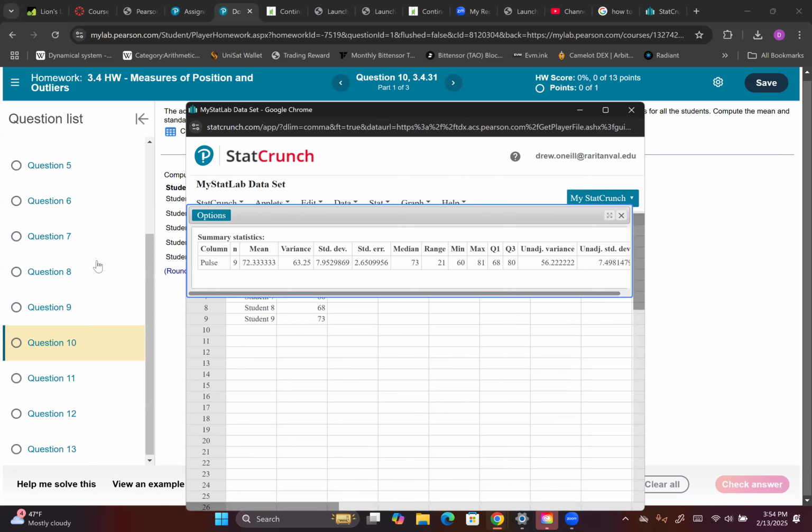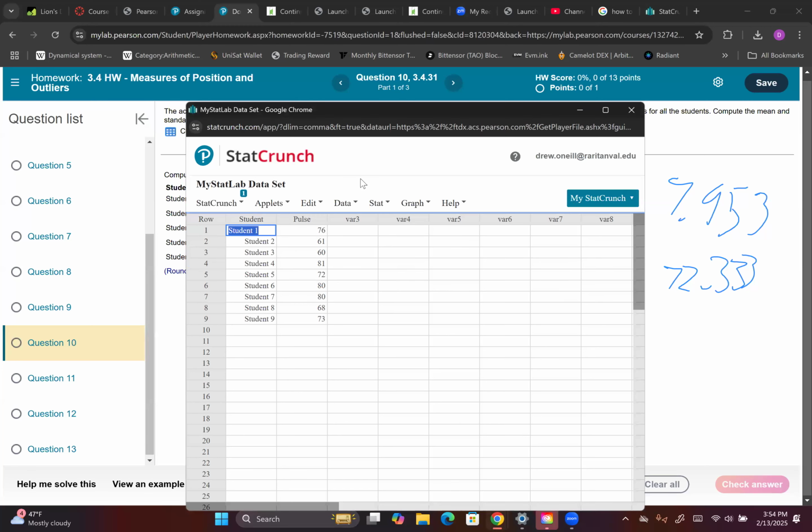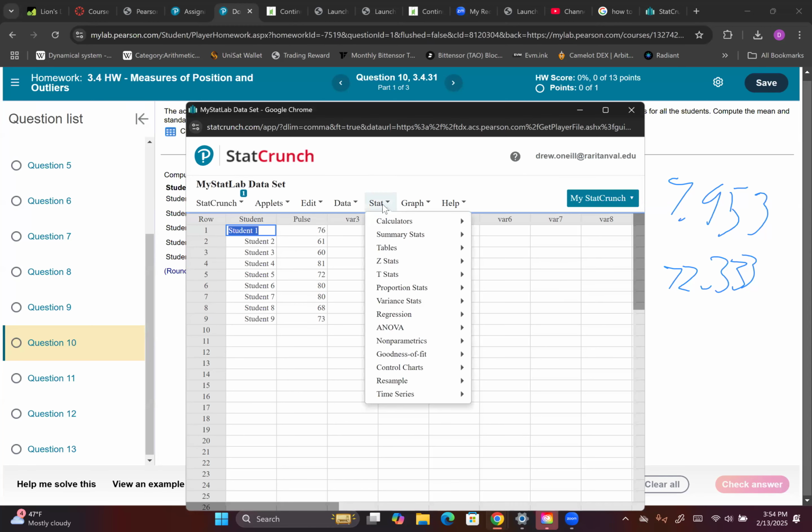Okay, so we take that standard deviation right here, 7.95 rounded to 2 decimals. Maybe we go 3: 7.953. The mean is 72.333. Okay, so if we want to calculate the z-scores for each student, we can just do it in the calculator, right?